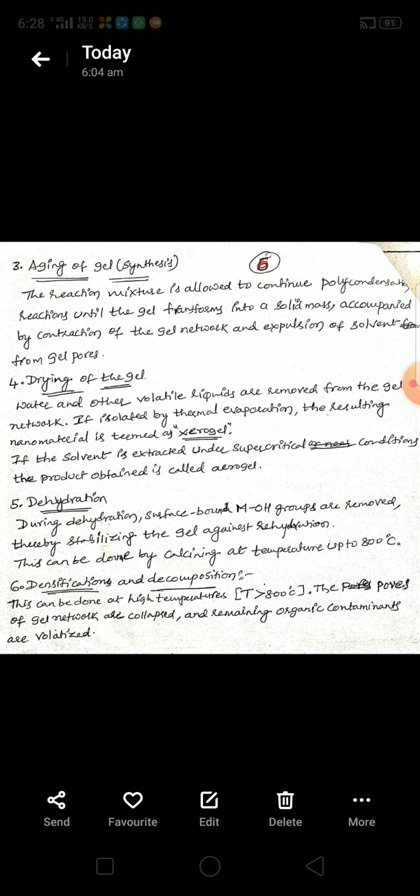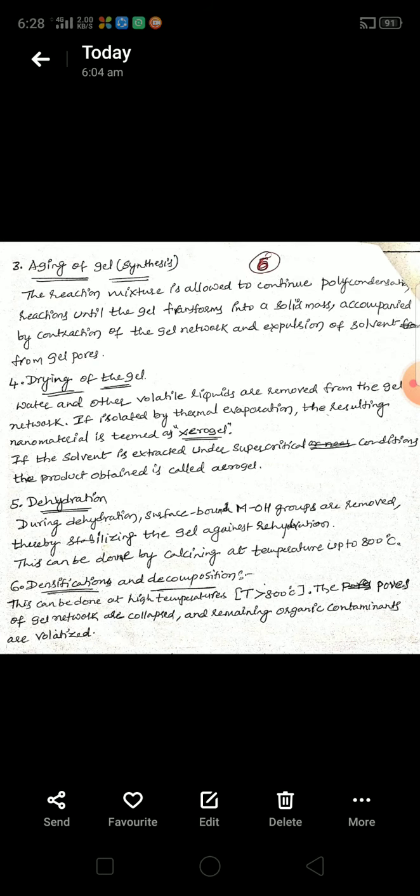Then the fifth step in the sol gel process is dehydration. In this step, surface bound MOH groups are removed by heating the gel, or by calcining.